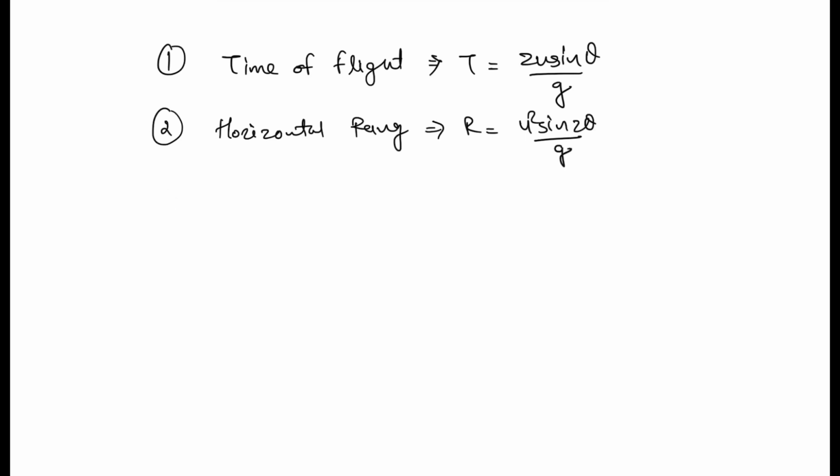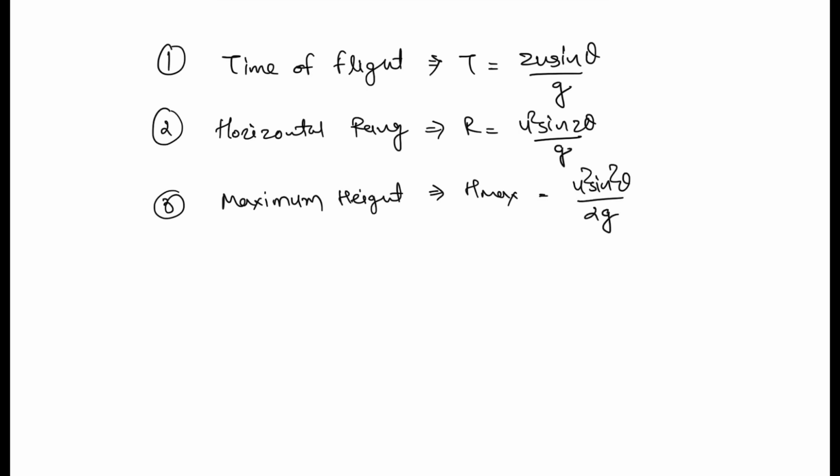And third one is maximum height, h max is equal to u square sin square theta divided by 2g. We can solve any problem related to projectile motion with these three simple equations.